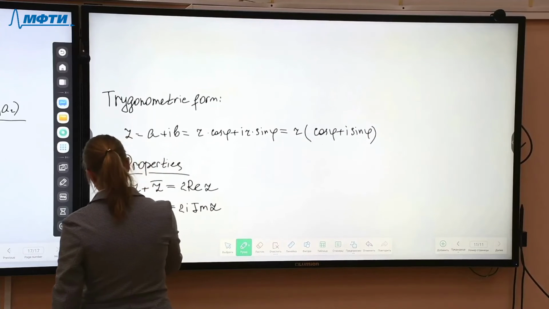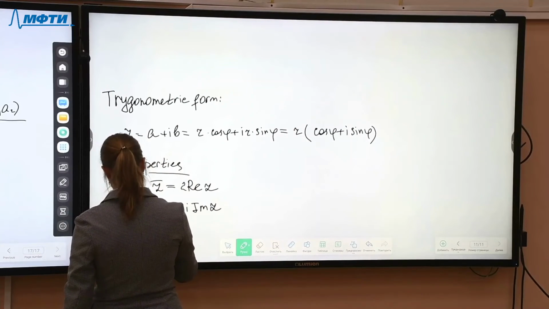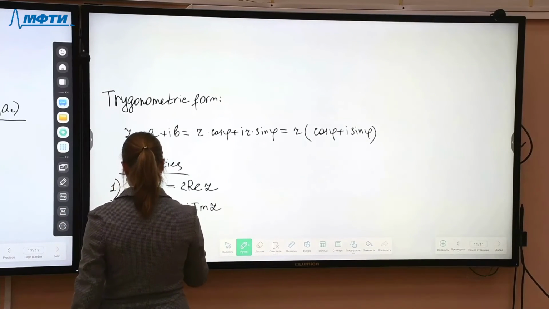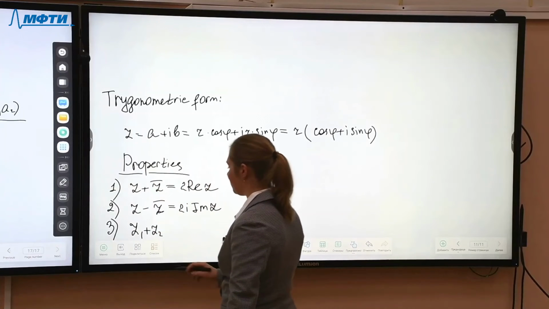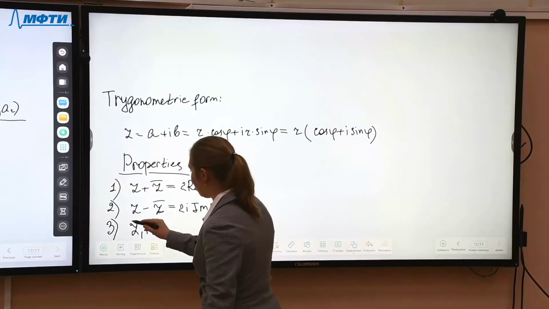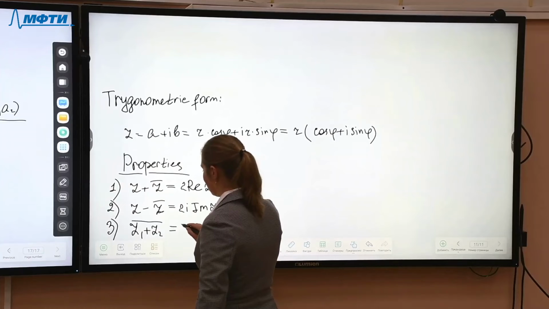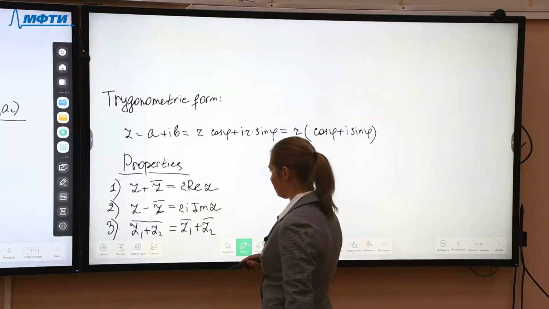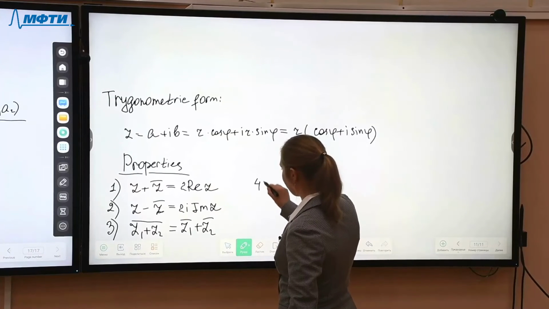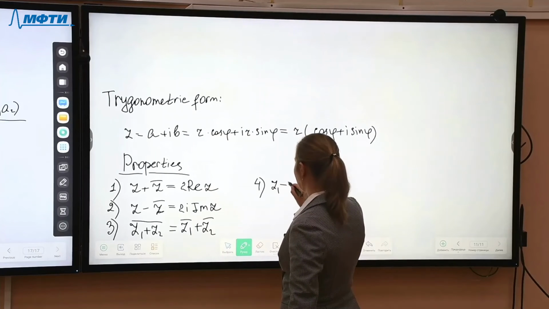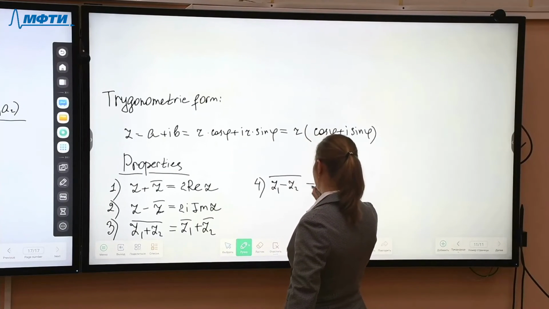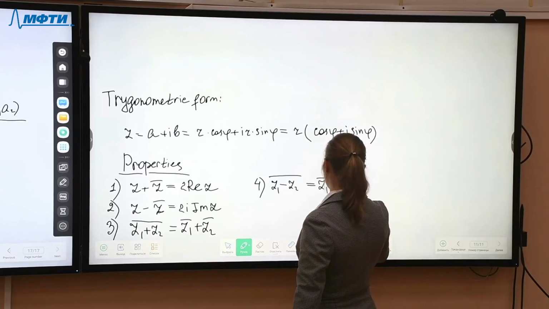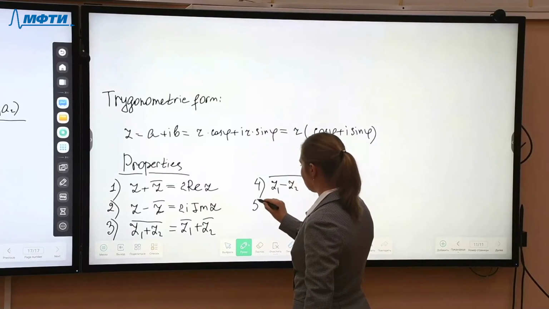Then, z1 plus z2, if we find the sum of two complex numbers, and then we conjugate this sum, it is z1 conjugate plus z2 conjugate. Then 4, z1 minus z2, again conjugate, is z1 conjugate minus z2 conjugate.